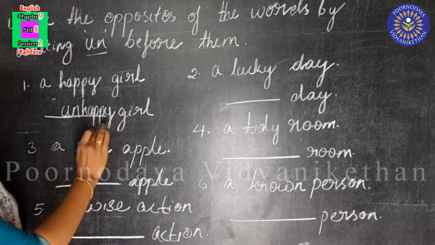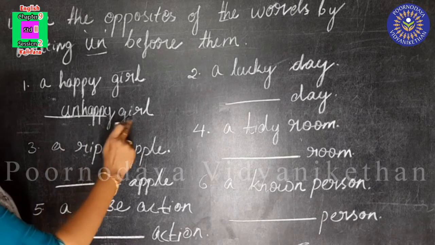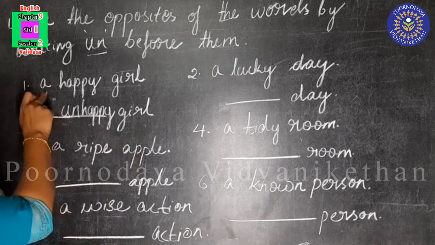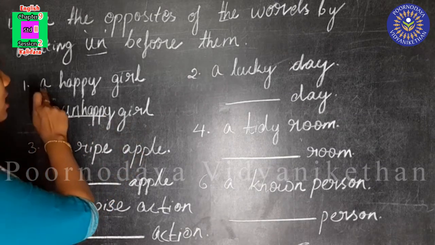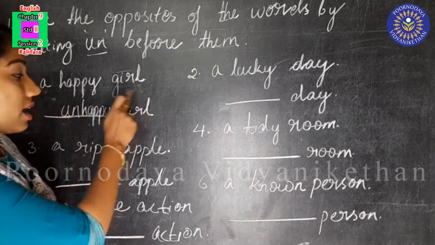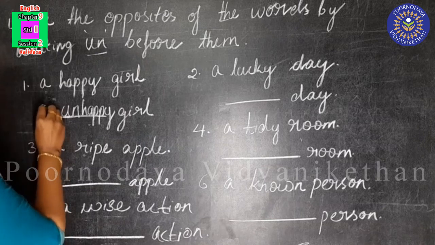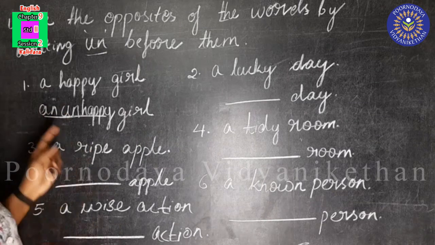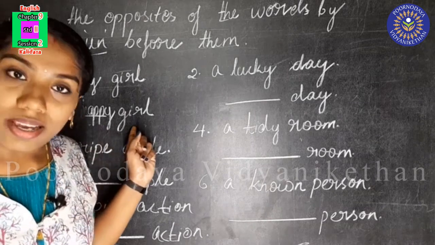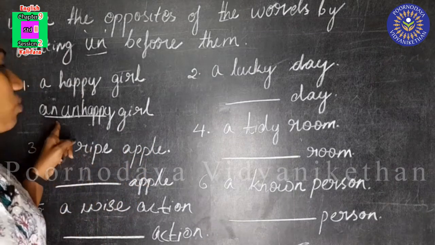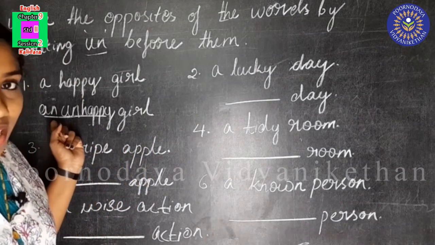Unhappy. Unhappy girl. Here we added article a. A happy girl. Here we are going to add an. An unhappy girl. Can you tell me why did we add an here?